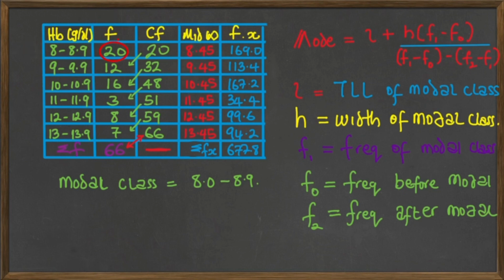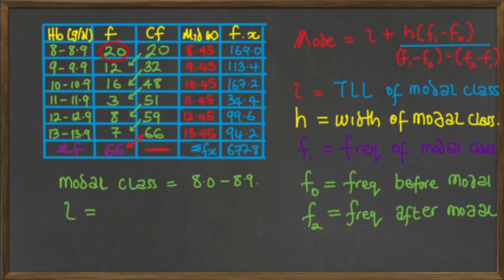All right, so fine. What we will do here is first compute our L. Remember, our L is the true lower limit of the modal class, and we want to make sure we find the true lower limit. Unfortunately there's no class before our modal class. But assuming there was a class, the upper limit of that class and the lower limit of our modal class have a space between them.